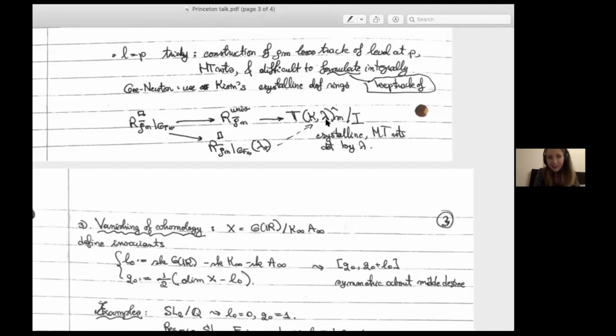The method itself, this degree shifting method, is always up to some ambiguity of this form. So it's very hard to even get a map from R to T.